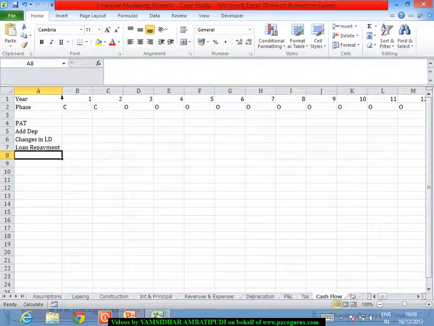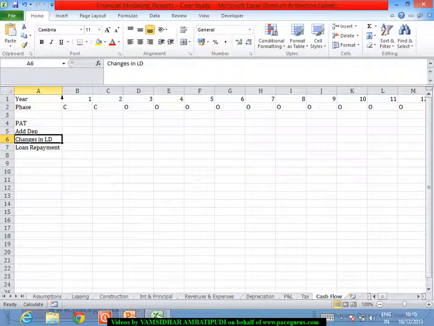Interest is already computed as part of my P&L statement, so it has been updated as part of my PAT. When I put a PAT here, it has taken care of the entire P&L statement, so I don't need to bother too much about that. The depreciation is what is getting added. The changes in the lease deposits, because only lease rental has gone into the P&L statement, and the lease deposit has not gone anywhere.